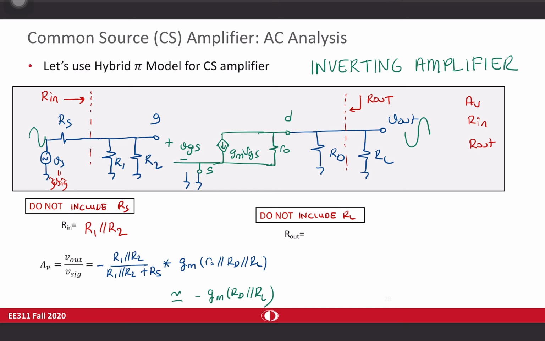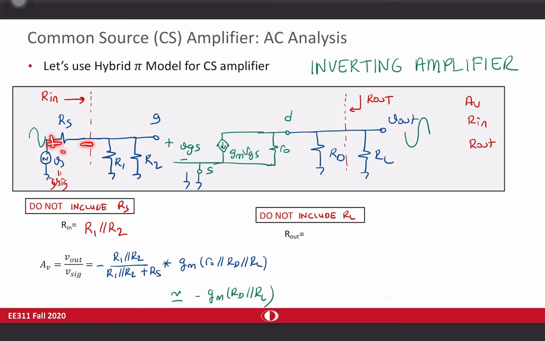So if you are designing a common source amplifier, then you want to choose R1 and R2 as large as possible. Having resistances like 100 mega ohm, 200 mega ohms or whatever are quite common. In some cases, people are using giga ohm resistance to make this input resistance much larger than the source resistance, so that they minimize the voltage drop across the source resistance.